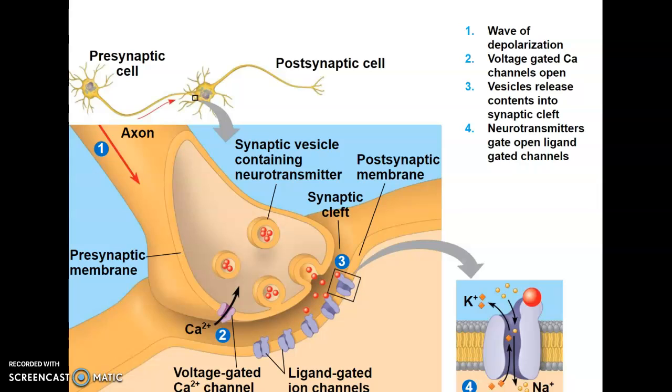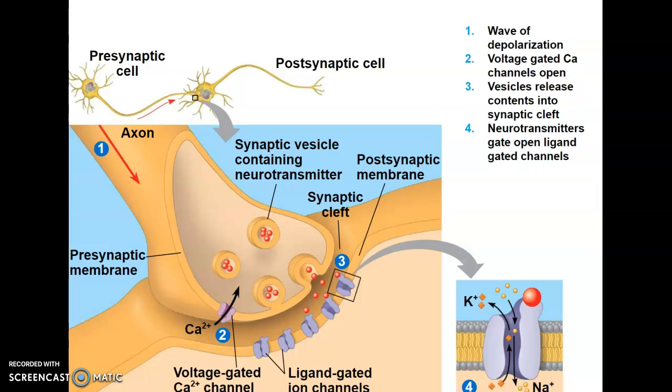Those contents, the neurotransmitters, will then drift across the synaptic cleft and bind to channels. Here I've shown an ionotropic channel. Ionotropic means they are ligand-gated ion channels. So the ligand is the neurotransmitter, and when it binds, the channel opens, increasing the permeability of those ions, and so those ions will flow down their electrochemical gradient.